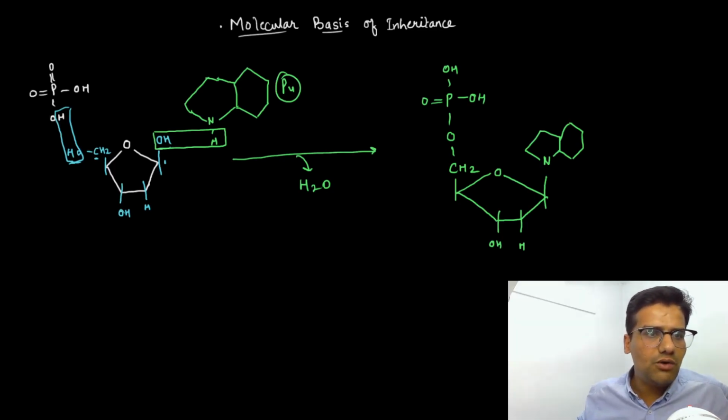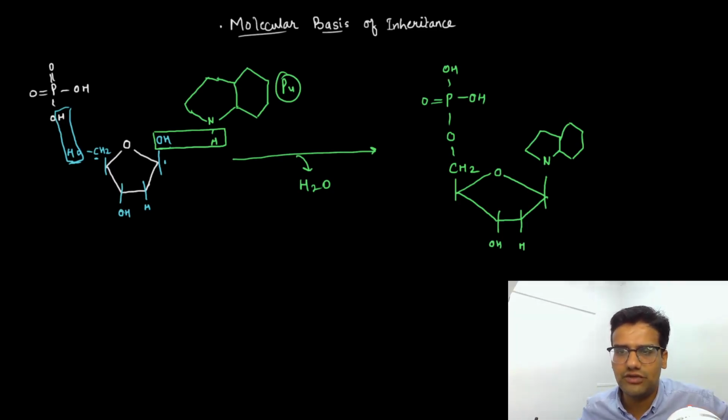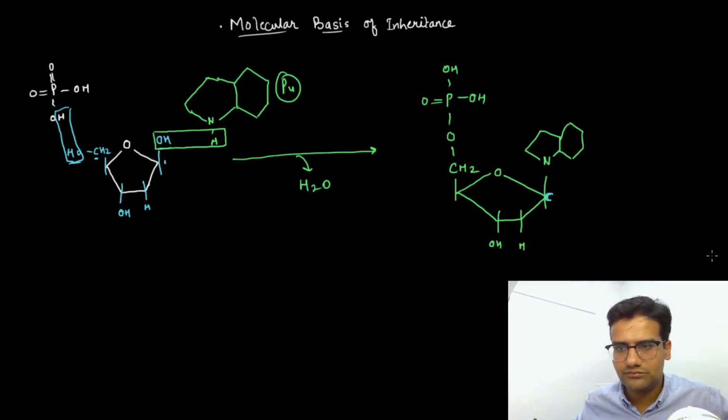So if we talk about bond formation, there are various bonds in this deoxyribonucleotide structure. This is the complete deoxyribonucleotide structure. This is the carbon atom, this is the nitrogen, and again there is a carbon atom.